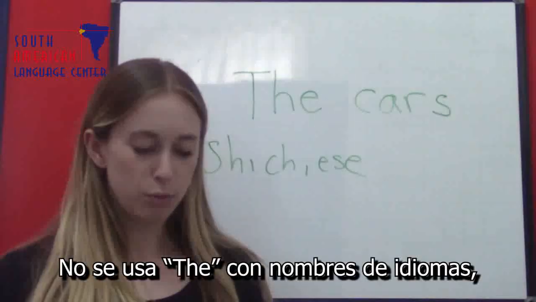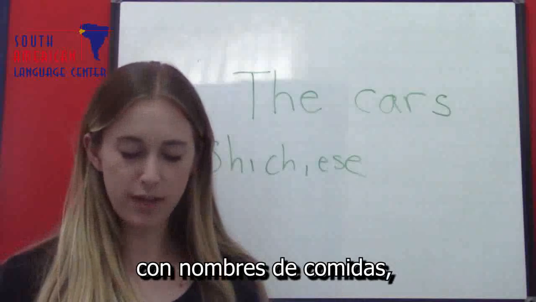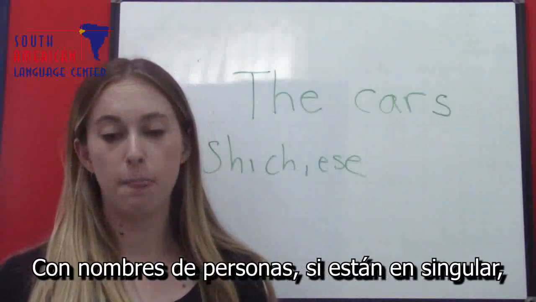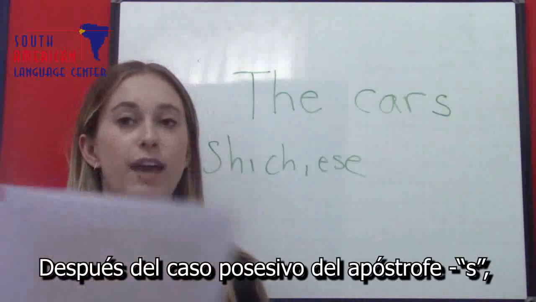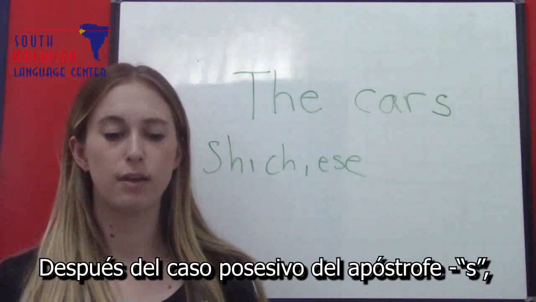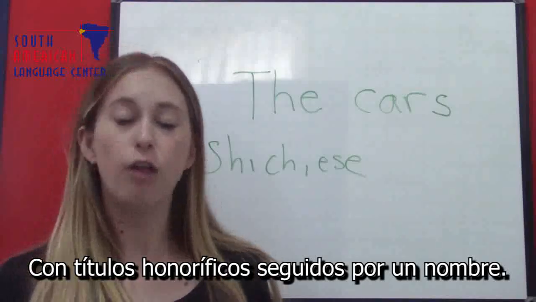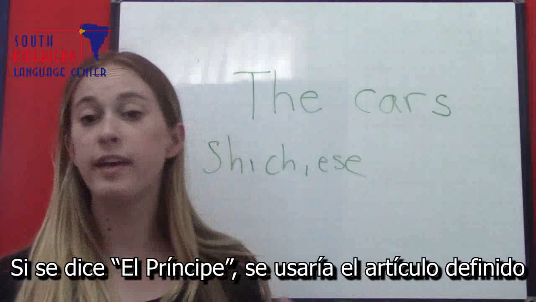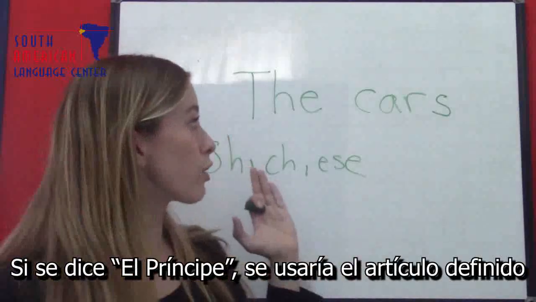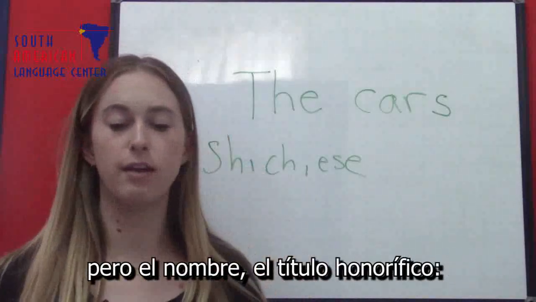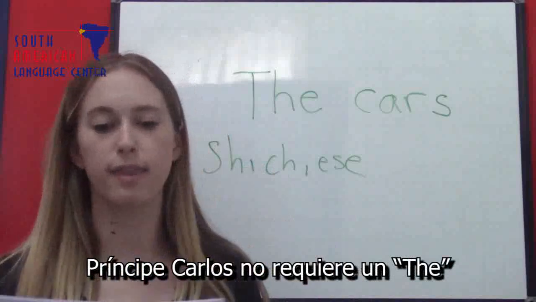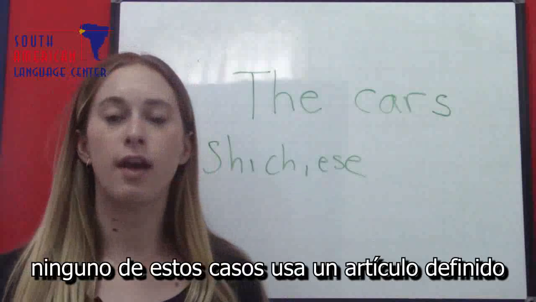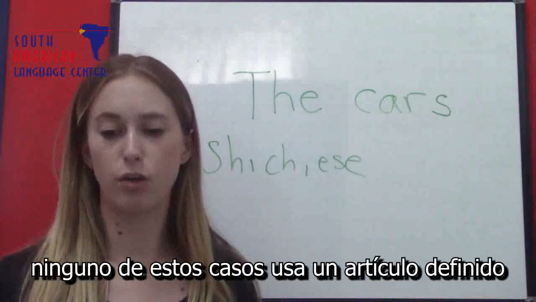You don't use the with the names of languages, with the names of meals, with people's names, if singular, after the apostrophe S possessive case, with honorific titles followed by a name, for example, Prince Charles. If you said the prince, you would use the definite article, but the honorific title with a name, Prince Charles, does not require a the. With professions and with years. With none of these cases, you use the definite article.